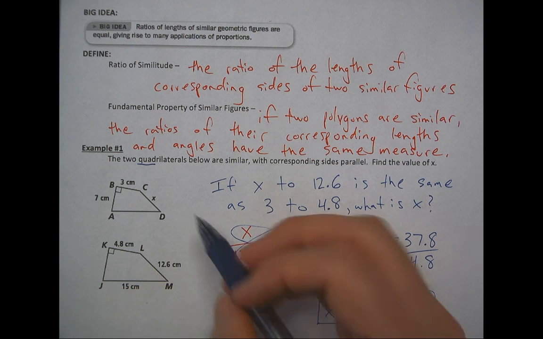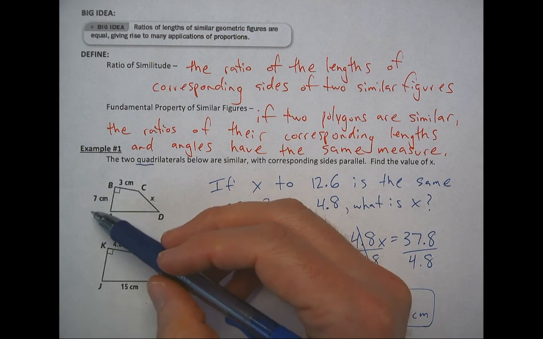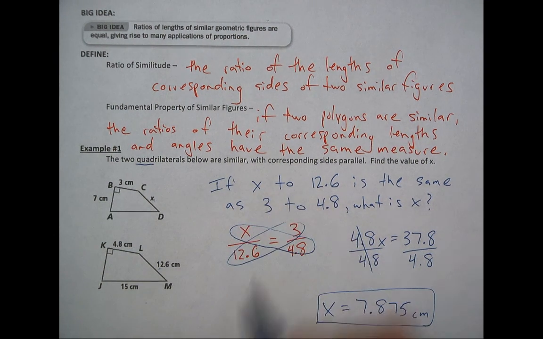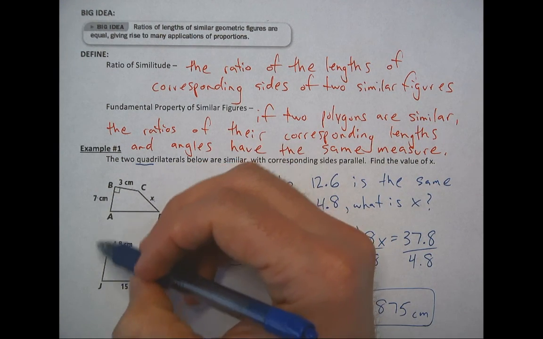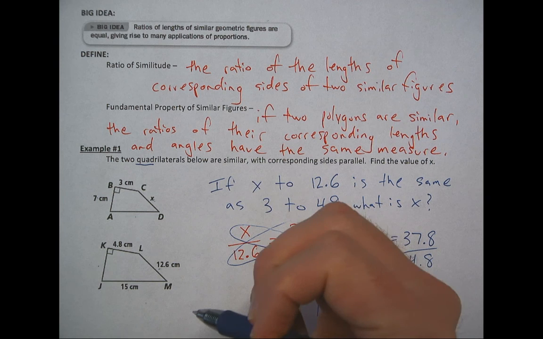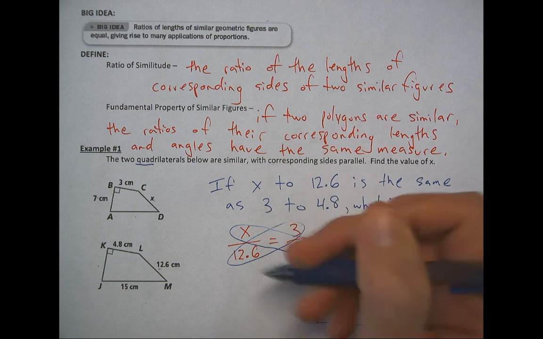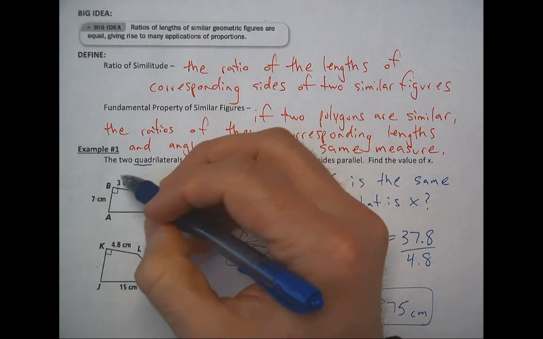So again, match up your corresponding sides. Notice that I didn't use the 7 and I didn't use the 15. Why? Because the corresponding side to 7, I don't have any information on. The corresponding side to 15, I don't have any information on. So the only way that I can set this up and actually use the information to solve it is I have to find a pair.